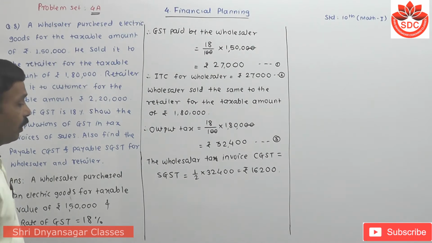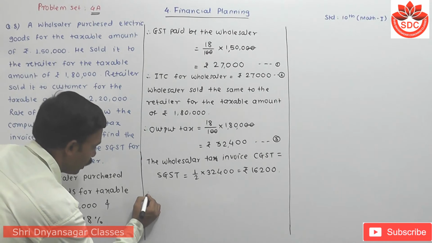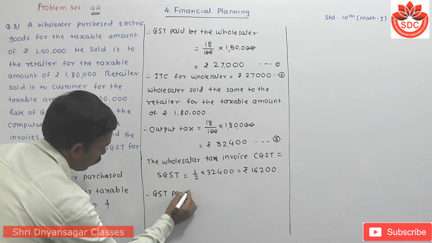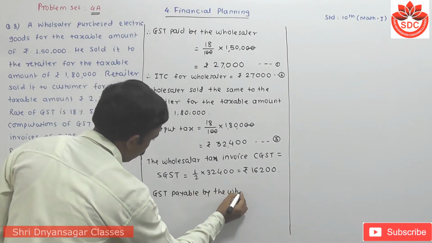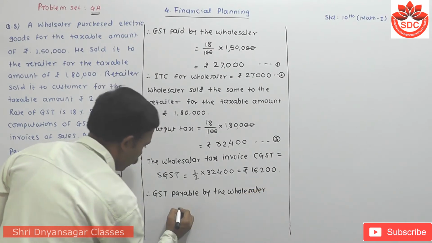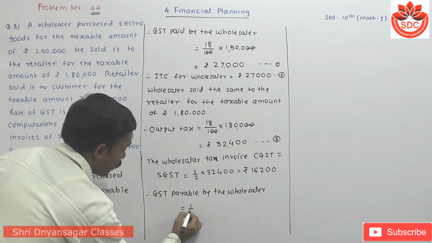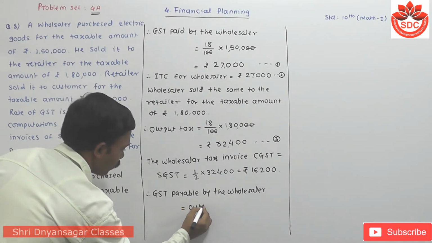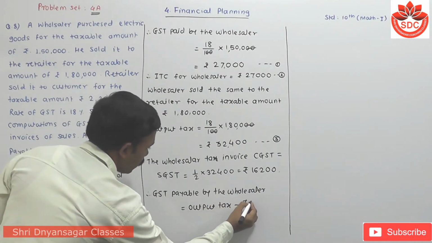Then student, we have to find out the GST payable by the wholesaler. Therefore, GST payable by the wholesaler is equal to output tax minus ITC.